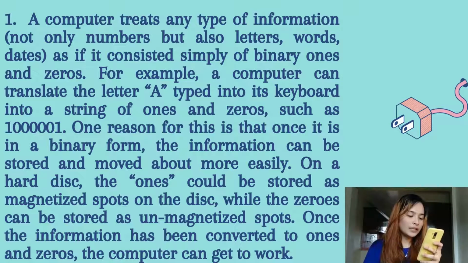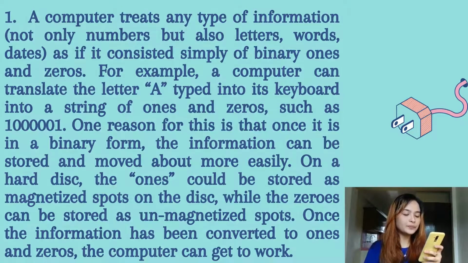One reason for this is that once it is in binary form, the information can be stored and moved about more easily. On a hard disk, the ones could be stored as magnetized paths in the disk, while the zeros can be stored as unmagnetized paths. Once information has been converted to ones and zeros, the computer can get to work.